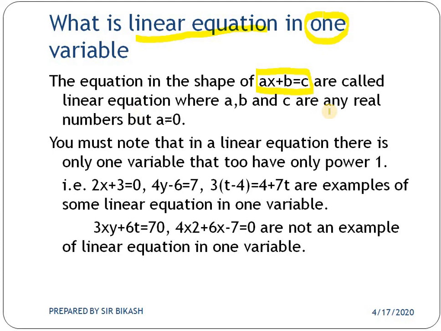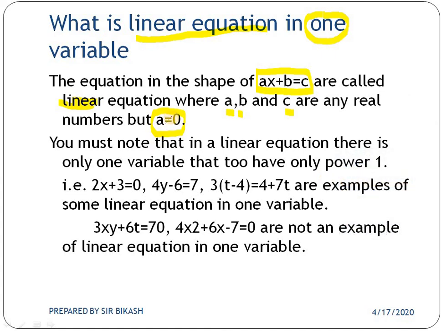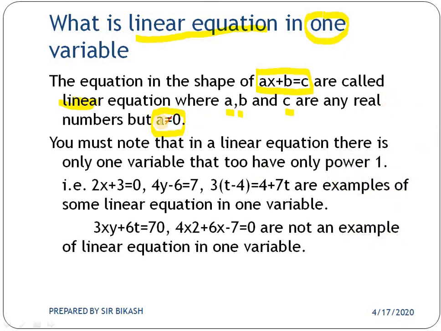This type of equation which has the shape of ax plus b equals c is called a linear equation, where a, b and c are any real numbers, but a does not equal 0. Make sure this is the not-equal sign, with the cut mark here. So a cannot be equal to 0.